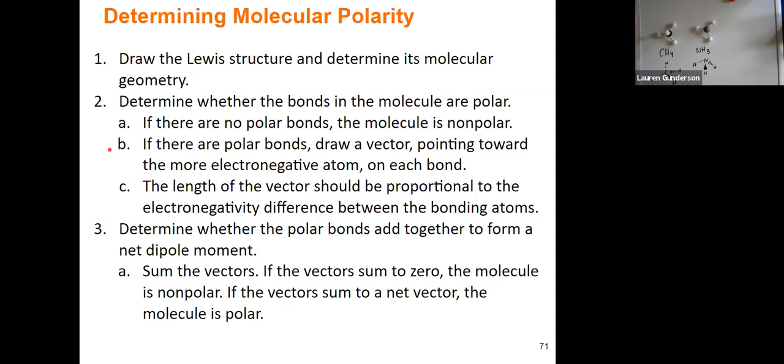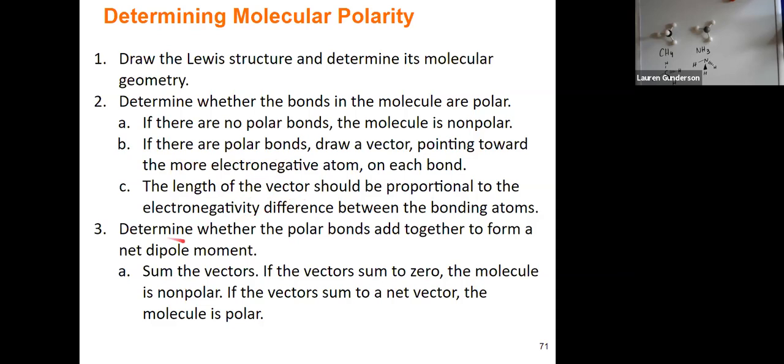But if we have polar bonds, you have to kind of draw a vector. It doesn't have to be an exact vector, but you should draw a vector. And you should point towards the more electronegative atom on each bond. Okay, the length of the vector that you draw should represent the electronegativity difference between those bonding atoms. So if you have a big electronegativity difference, you should be drawing a longer vector.